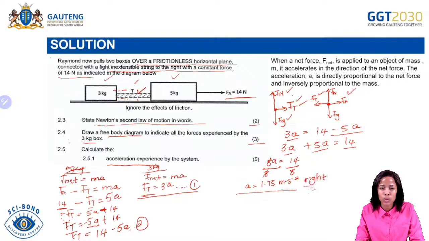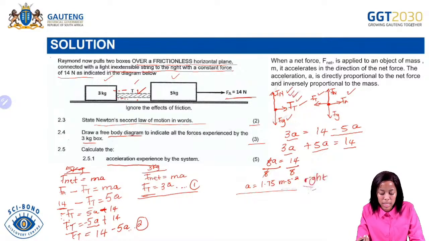For question 2.4, we were asked to calculate the free body diagram, and as indicated here, we drew the free body diagram. Because we did not know all the forces just by looking at the diagram, we then had to draw the free body diagram in terms of the 5 kilogram block.